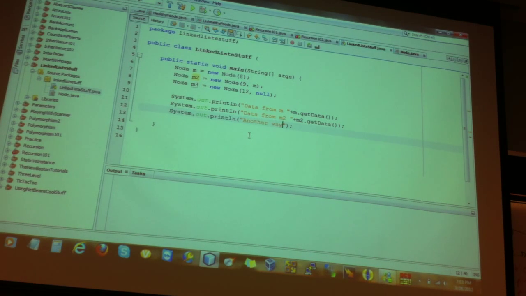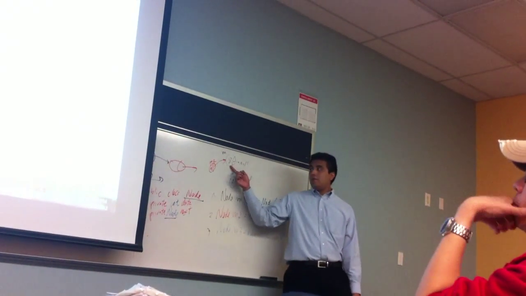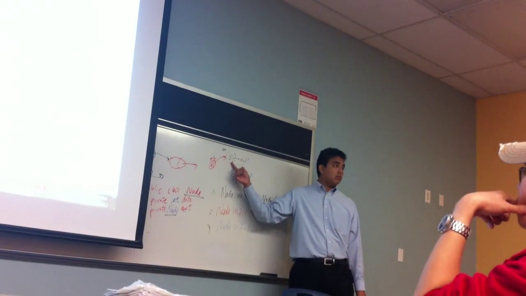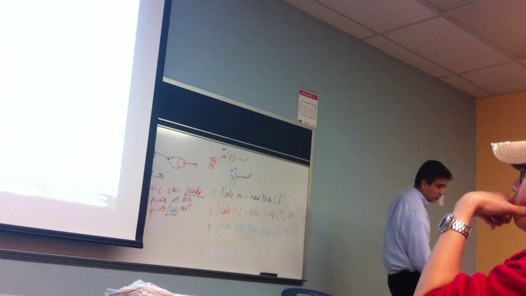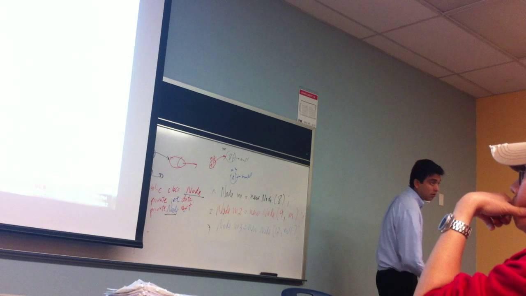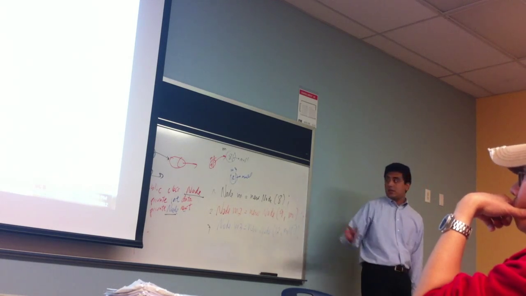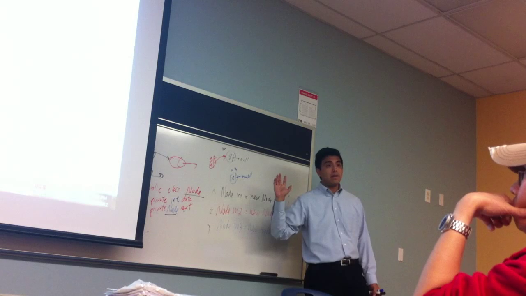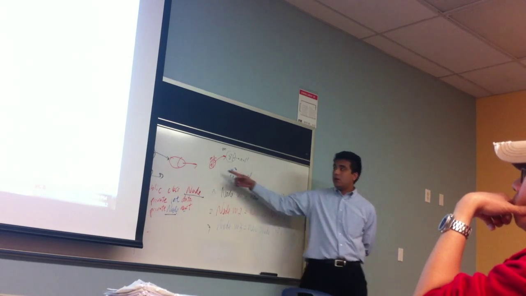Another way. We want to bring what's the data of M. We ask M the data, and that should tell us. If we run this code, it should tell us whatever the data is, right? So far so good. It's going to print out 8, for example. Now, for M2, I want to know what's the data.